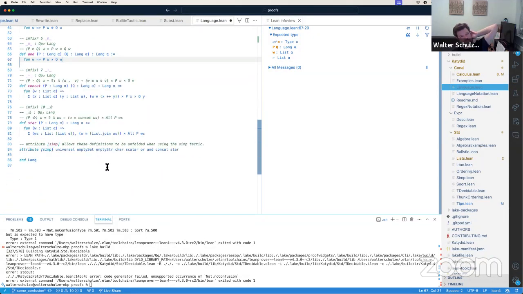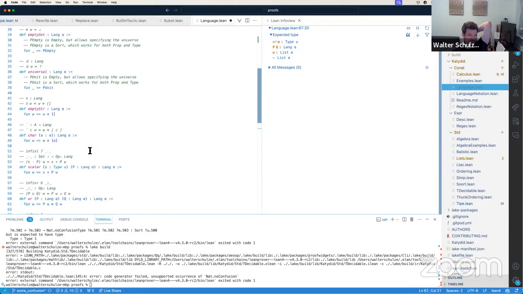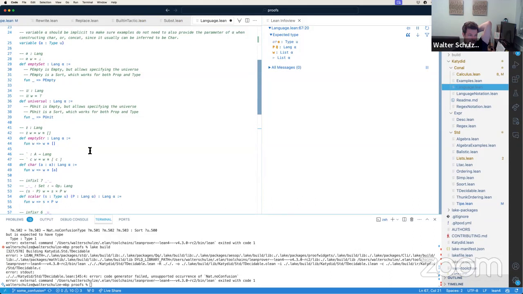So maybe what would be good is to print out some parses and look at them.